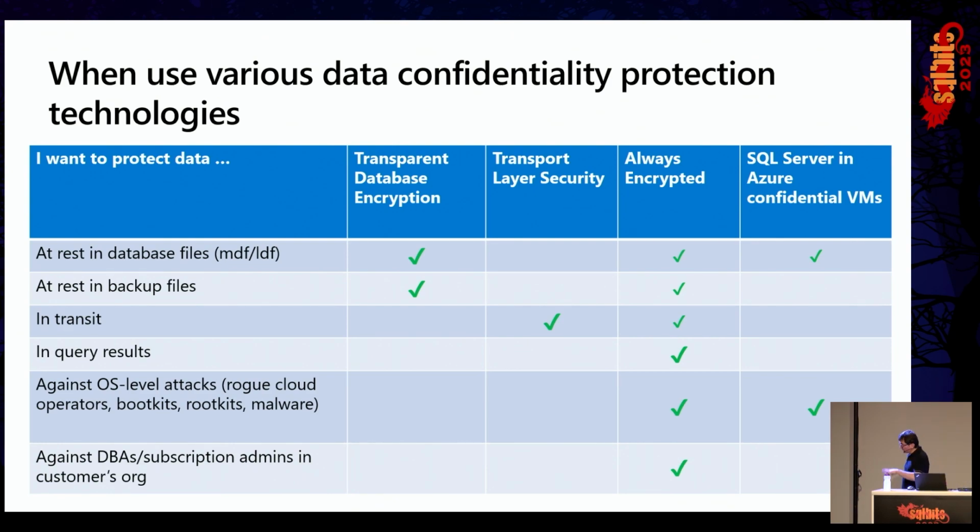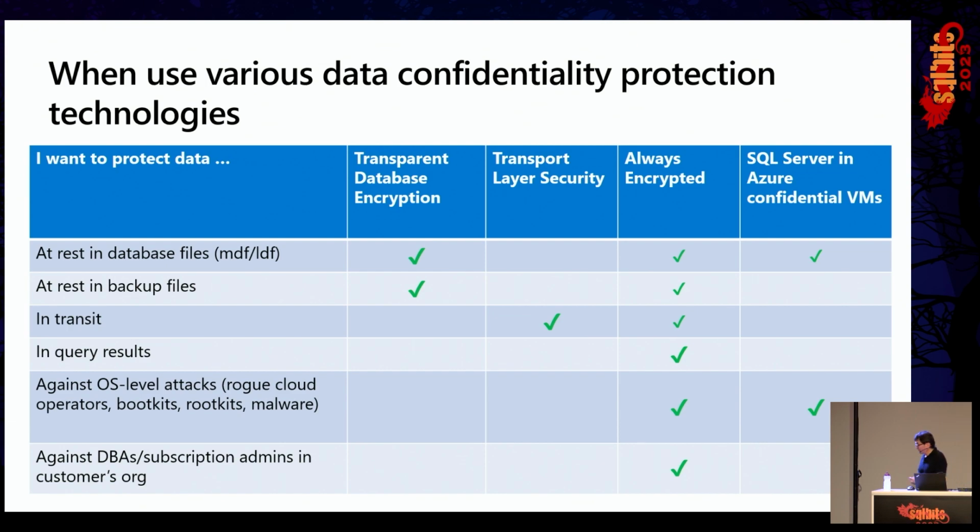Now, I want to spend a little time addressing a gentleman's question from earlier. We have these three, or I also listed TLS here, different confidentiality protection technologies. Where should we use one versus the other?